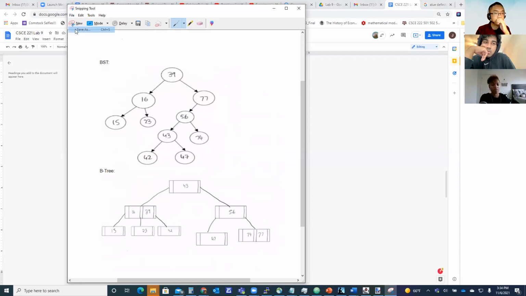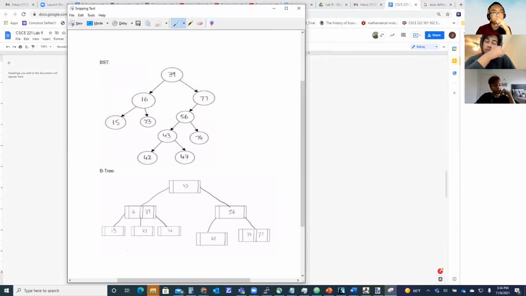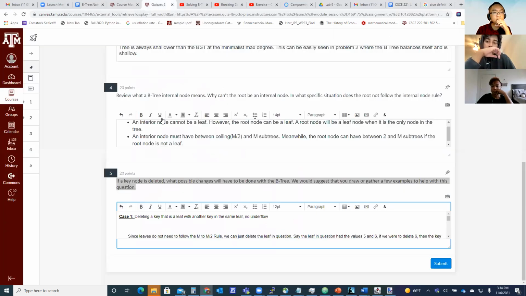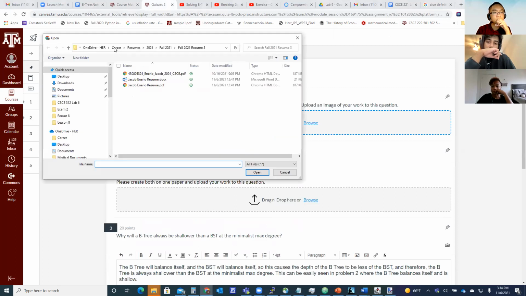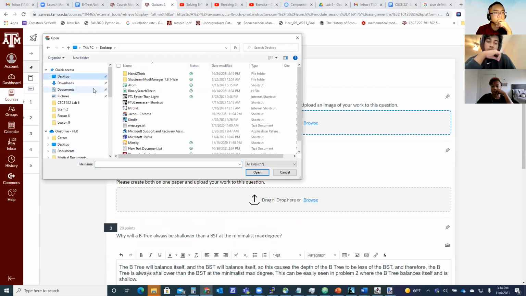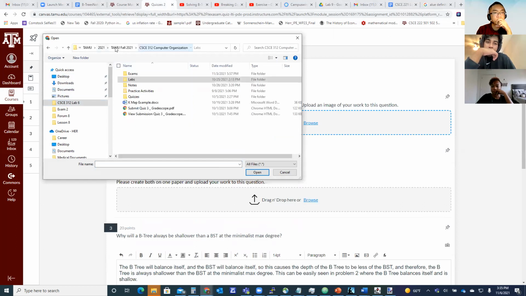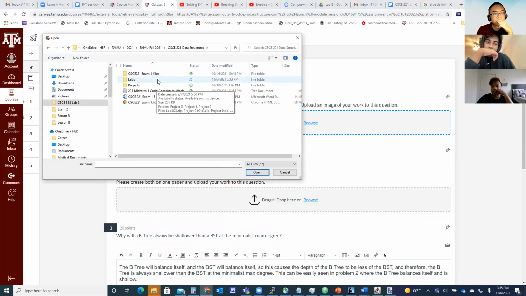We have our BST and the B tree. And this is question 2. And then we can go over here, quiz 2. Not necessary, that's the wrong course. It would be this, Lab 9.